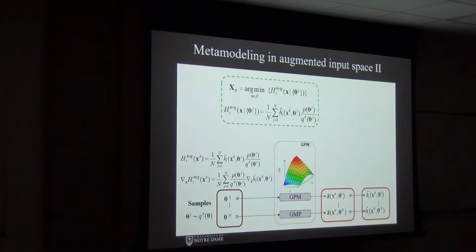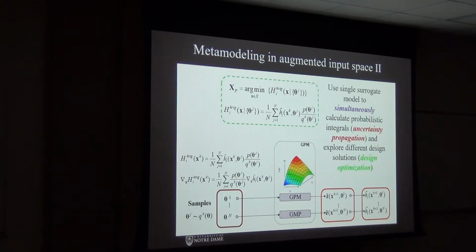So when I evaluate at k, and now I need a different iteration, so I need to evaluate k plus 1, you use exactly the same meta model. So this formulation in the augmented input space allows you to use a single meta model to simultaneously do both the uncertainty propagation, evaluating these integrals, and the design optimization, identifying what your optimum design is.